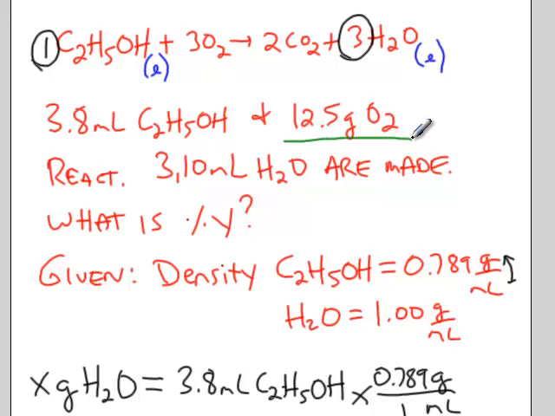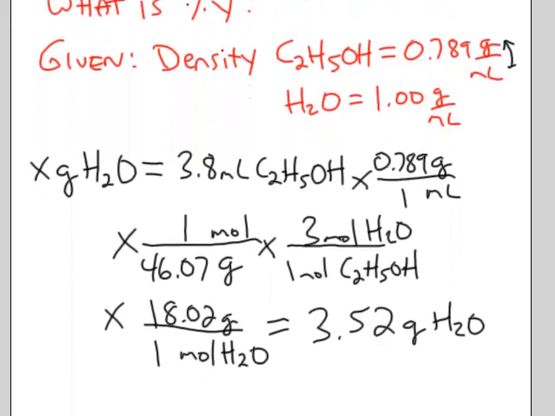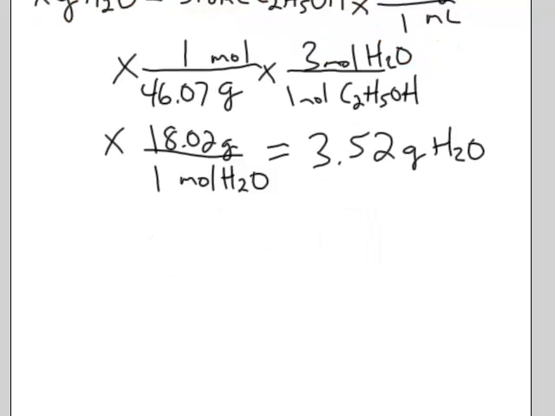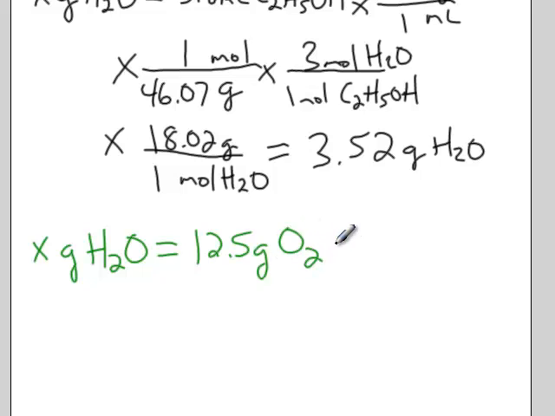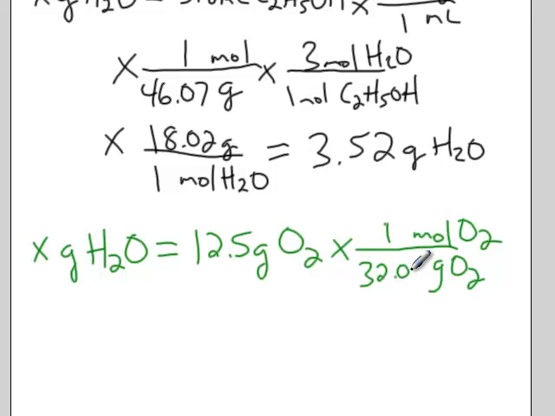This time we're starting with grams, so we don't need the density to get our grams into moles. We are going to set our unknown, how many grams of water, equal to the known 12.5 grams of oxygen. Grams of oxygen, we need moles of oxygen, and the molar mass is 32 grams per mole.